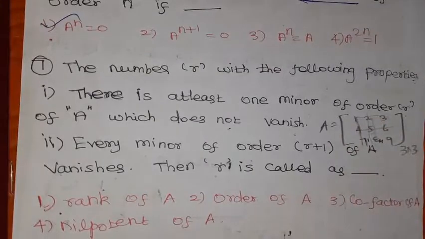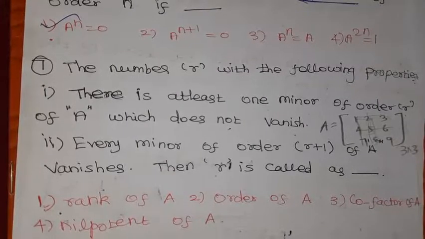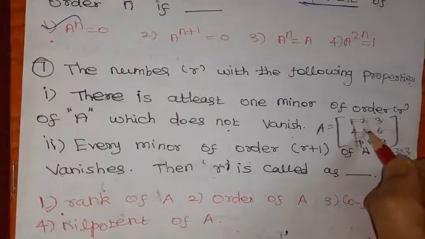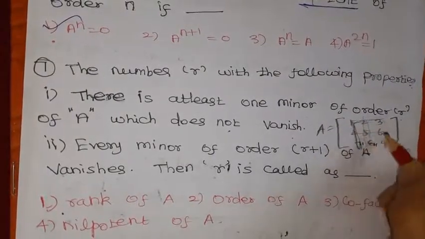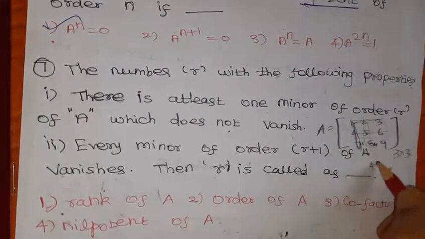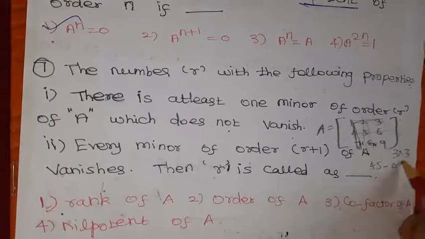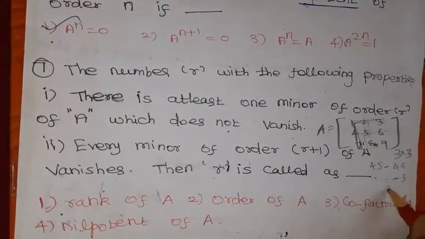It should not vanish, which means it should have some constant value; it should not be 0. So take the minor of 1: 5, 6, 8, 9. 9 fives are 45, minus 6 eights are 48. We get minus 3, so it is not equal to 0.